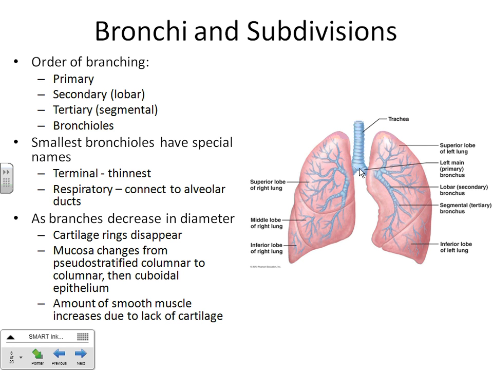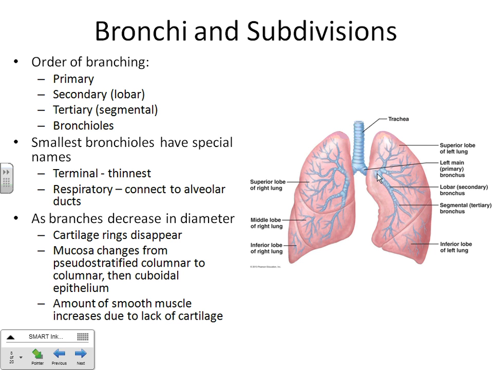Once we get to the bottom of the trachea and it splits, this entire area that's inside of the lungs, all these little branches are considered part of the bronchial tree. Okay, the whole thing is the bronchial tree. Each little branch of the tree is called a bronchus. The very first branch off of the trachea is called a primary bronchus.